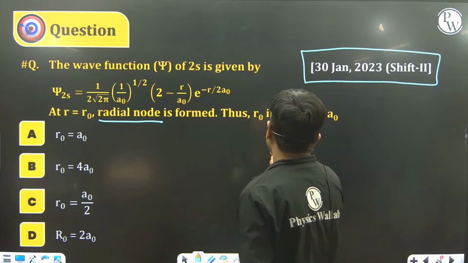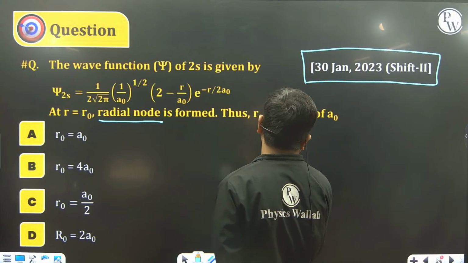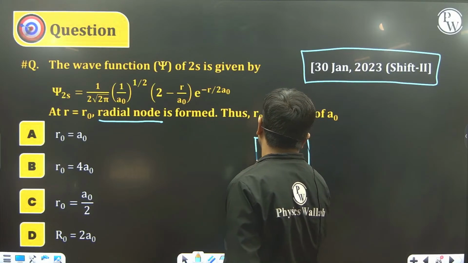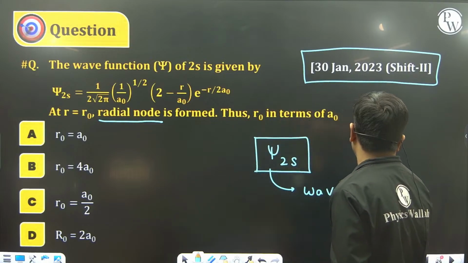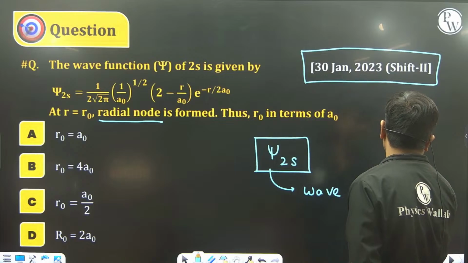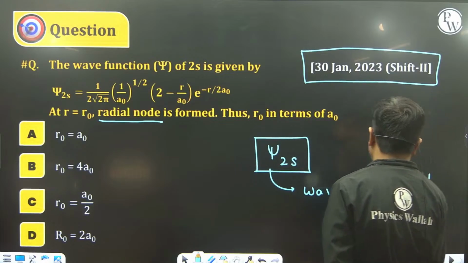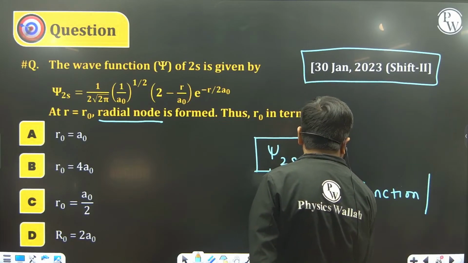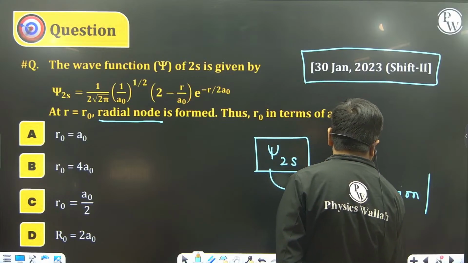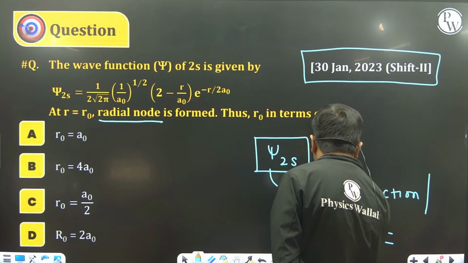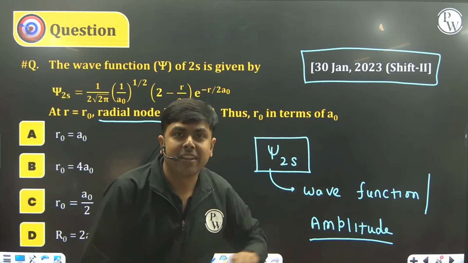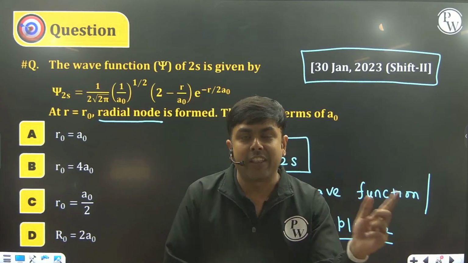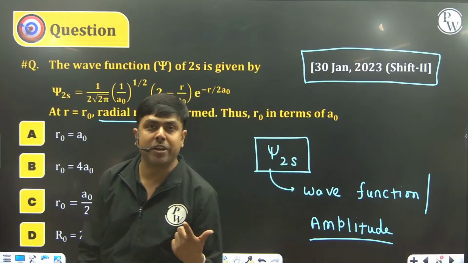So this psi of 2s equation they have given is nothing but the wave function, or amplitude function. Now it has got two components: one radial component in the polar coordinate, and the other one is the angular component.